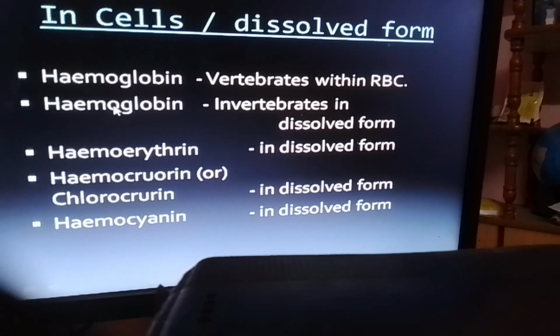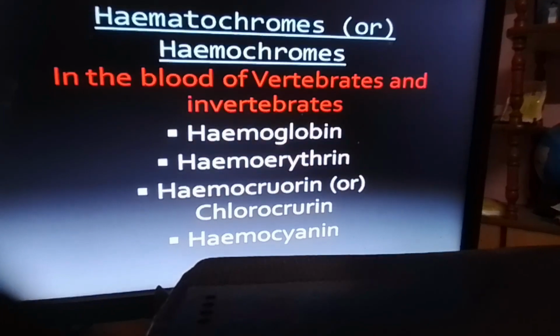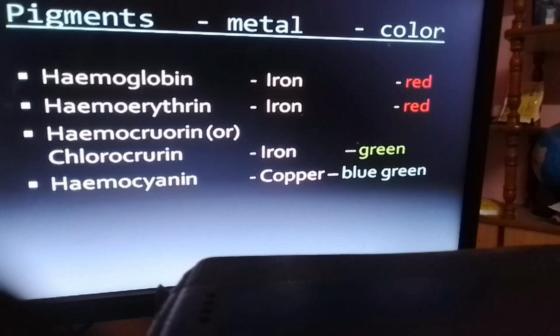But even though it's of the same structure and doing the same function, among invertebrates it's in dissolved form, in the blood plasma. And in all other invertebrates also, with the different types of respiratory pigment, the pigments are in dissolved form, not in cellular form as we see in the case of vertebrates. So have this idea of the presence of different types of respiratory pigment, where they are, and what color is expressed by them.